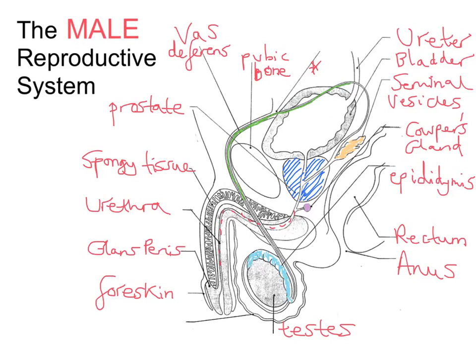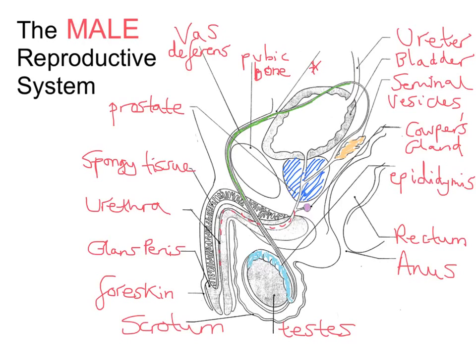And then finally, we can see that those testes rather, are contained within this bag, if you like, this scrotum. And the scrotum is really important. It's a sac of skin that suspends the testes outside of the body. Now that's critical because it suspends them outside the body at about 3 degrees lower than body temperature.